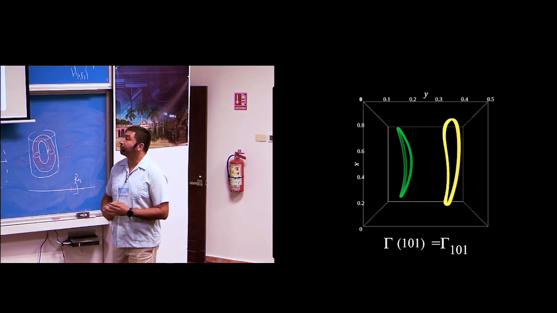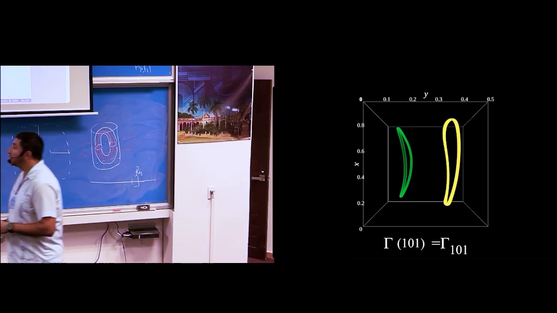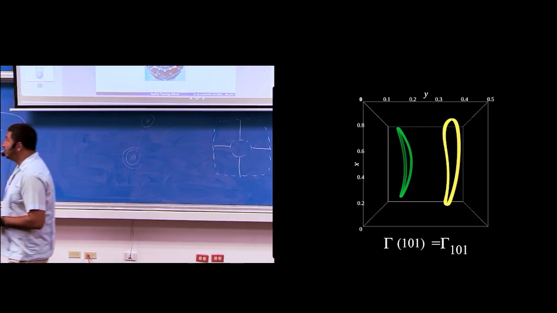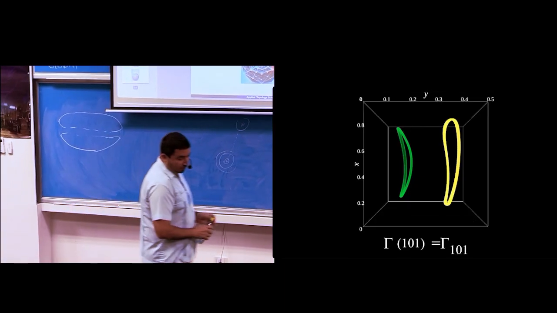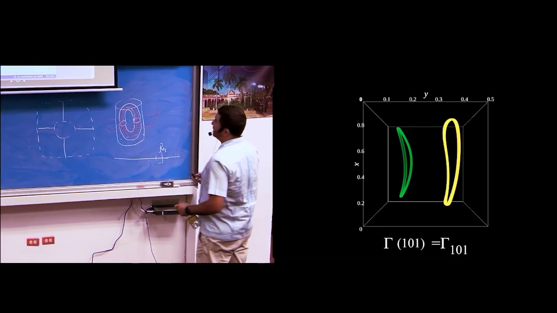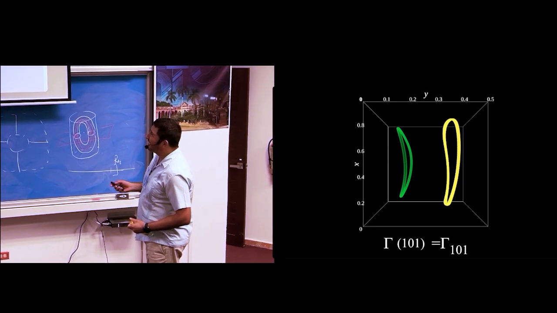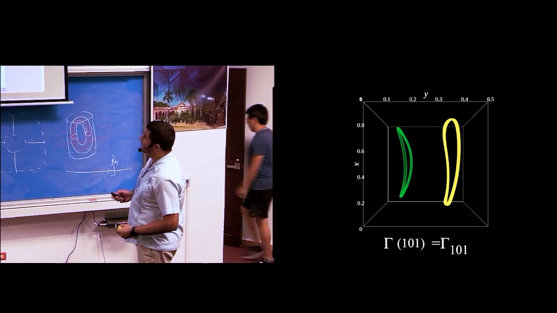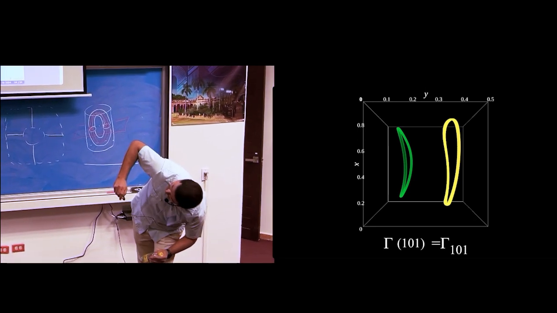Back to the color, you said that each color is 1%. In the Poincaré maps, what are the colors? Let me explain it this way.